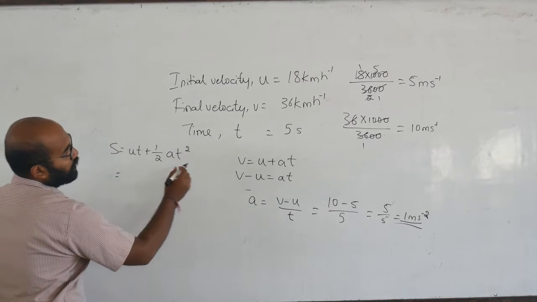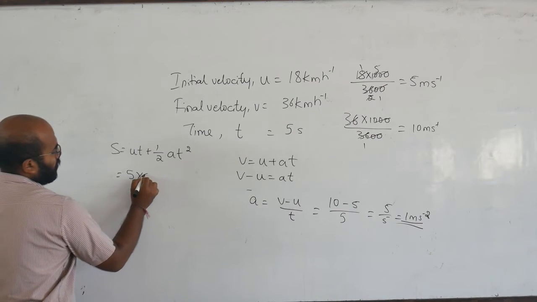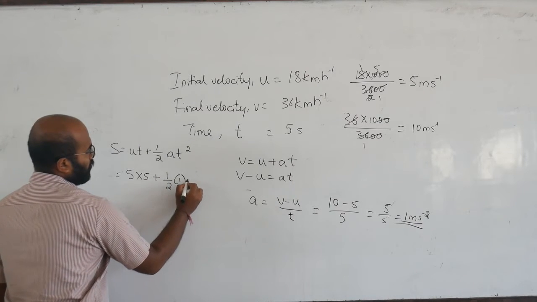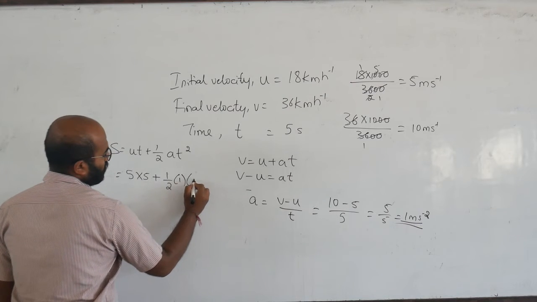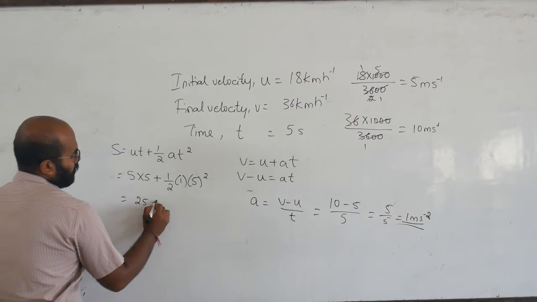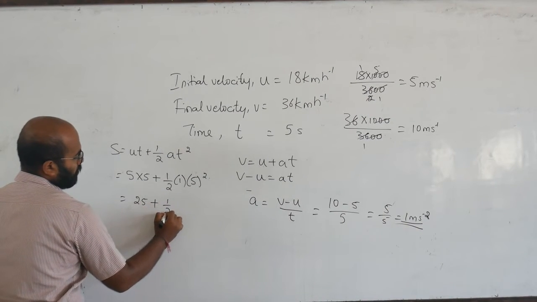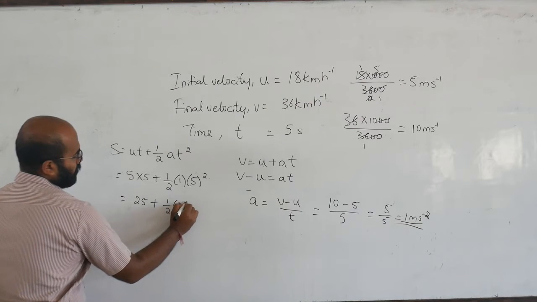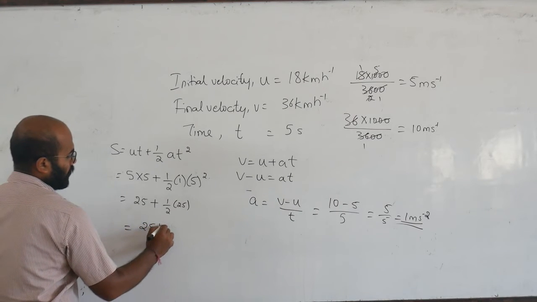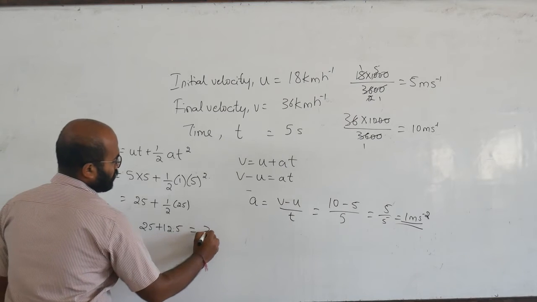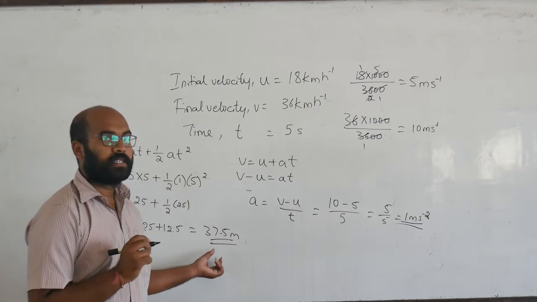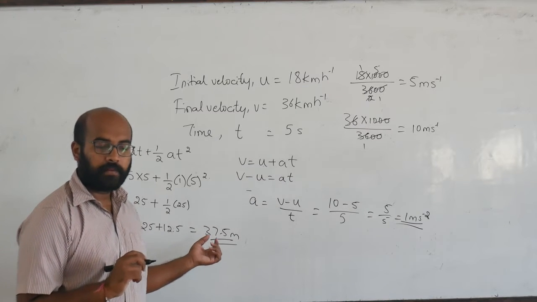U is 5, t is 5, plus half, acceleration is 1, t is 5 square. 5 5s are 25 plus 1 by 2 into 25, that is 12.5. So 25 plus 12.5 is 37.5 meters. The total distance traveled is 37.5 meters.